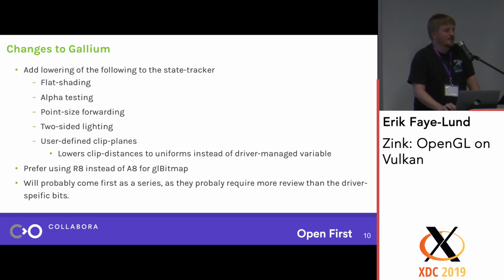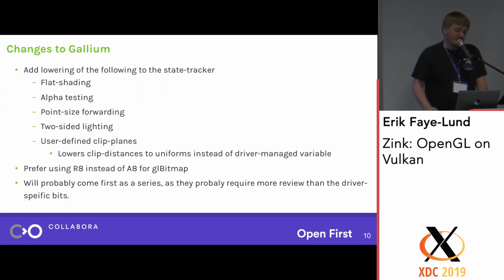For the user-defined clip planes, which I've seen many of the different drivers implement themselves, they have to keep some extra shadow state that they need to glue into their uniform blocks in the end. From manual inspection, it looked like a few of them had forgotten some invalidation flags and things like that. So hopefully we can fix things like that once.